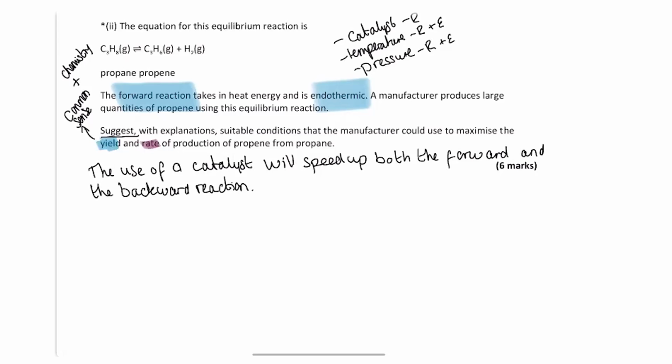So a catalyst will speed up the rate of both the forward and the backward reaction. So both the production of both ways, that is what it's going to speed up.